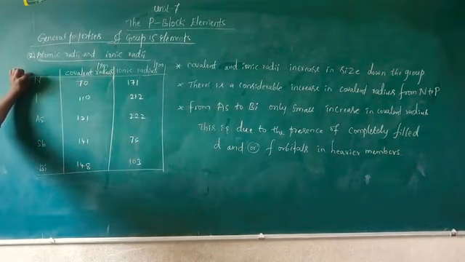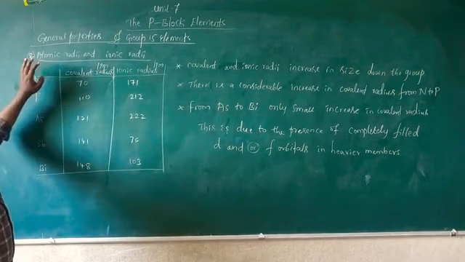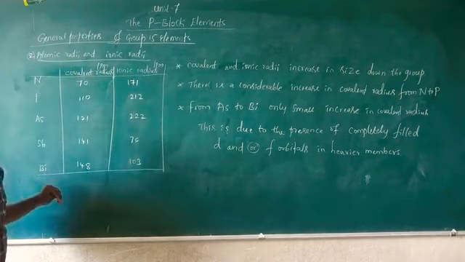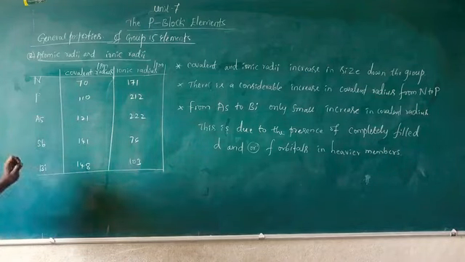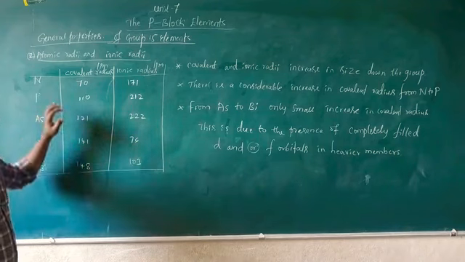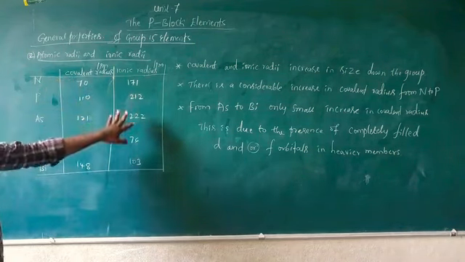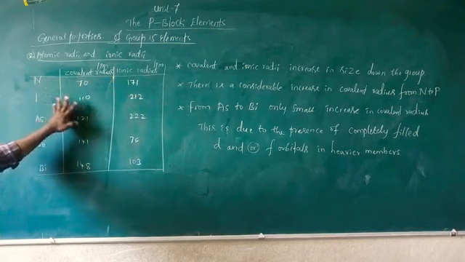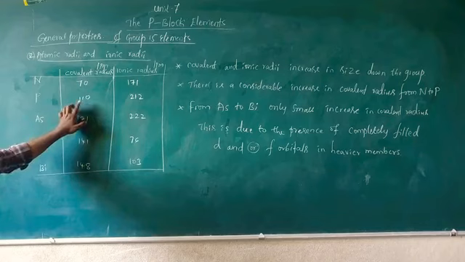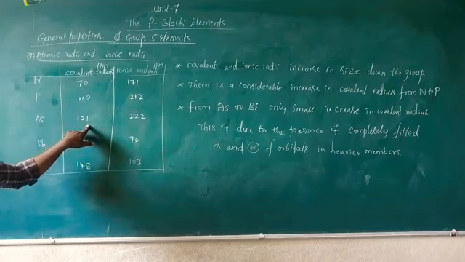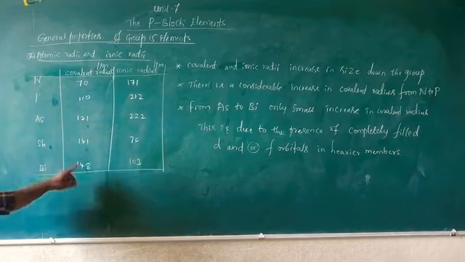Now, compare the covalent radius and ionic radius of the group 15 elements: nitrogen, phosphorus, arsenic, antimony and bismuth. See here, the covalent radii of the respective elements: nitrogen 70, phosphorus 110, arsenic 121, antimony 141, bismuth 148.